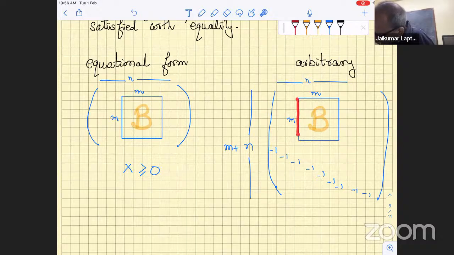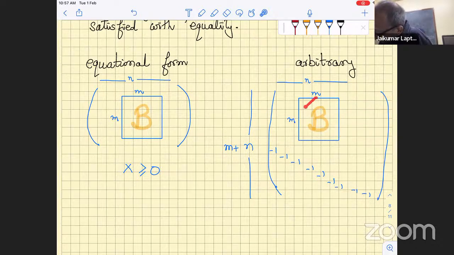Then what you can do is you take this basic feasible solution and together with this part, you will see that these equations have been satisfied with equality, and also these equations have been satisfied with equality.